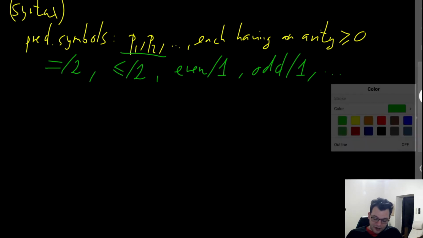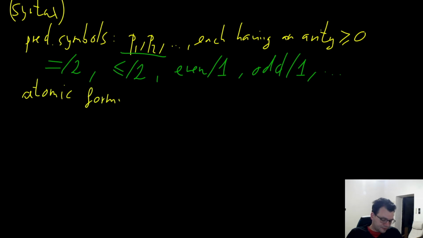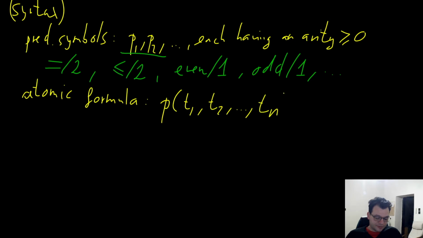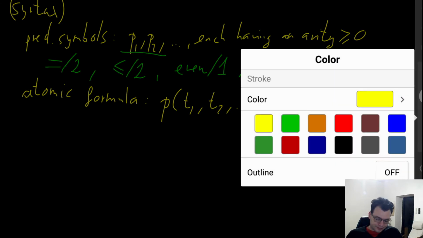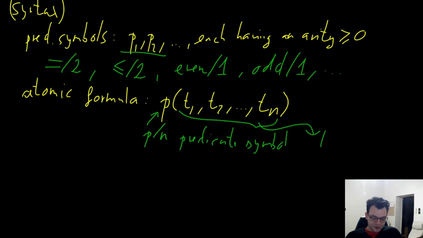Now an atomic formula is just P of T1, T2, and so on, Tn, where P is an n-ary predicate symbol, and these T's are terms.